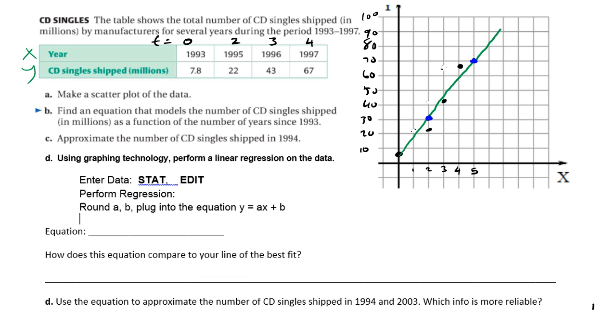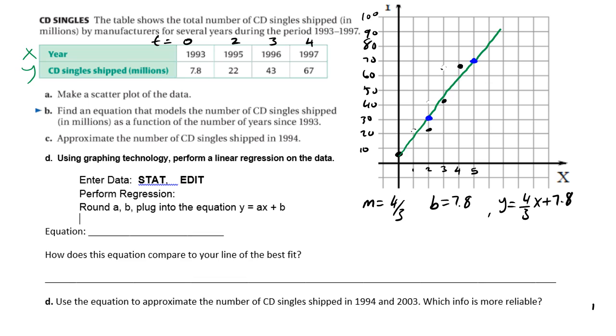So the slope of this line that we created, up 4 over 3, m is going to be 4 over 3. M is equal to 4 over 3. And the y-intercept is 7.8. I can say the equation is y is equal to 4 over 3x plus 7.8. That's my linear regression equation.